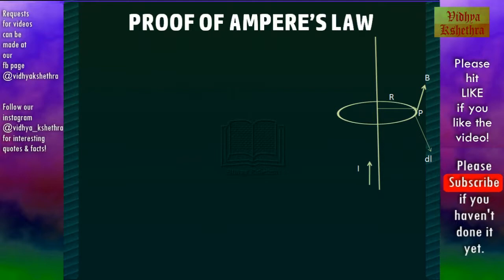Now we can see the proof of Ampere's law. For that, we can consider a current carrying conductor having a current I flowing through it.